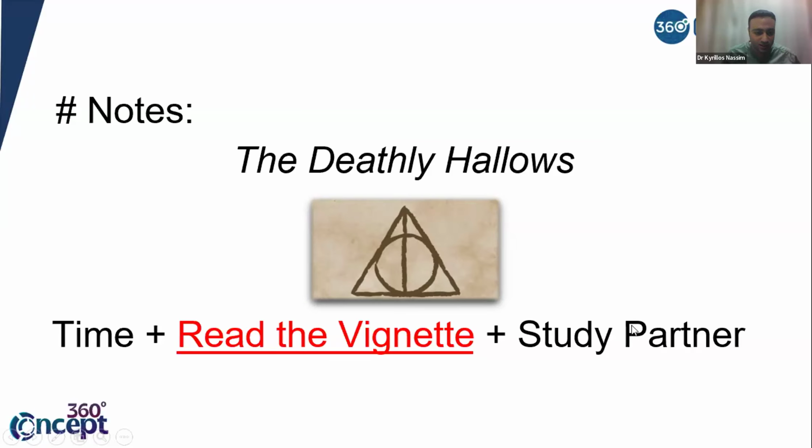Anyone could answer this question? That slide is not moving. Is it moving? This is the question. Are you seeing it?